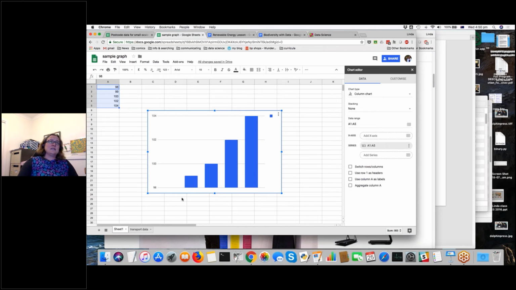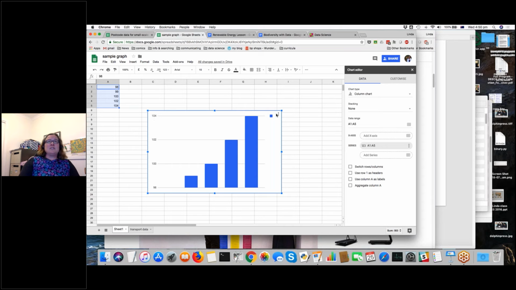First of all, you can see that our 98 has disappeared altogether. But it looks like there's a massive difference between this lowest value and the highest value. That's because by default, Google Sheets gives you a y-axis which is the range of your data, from the lowest value in your data to the highest value.